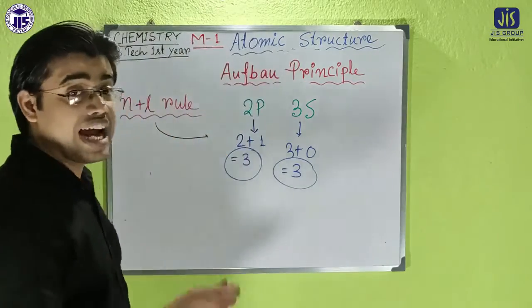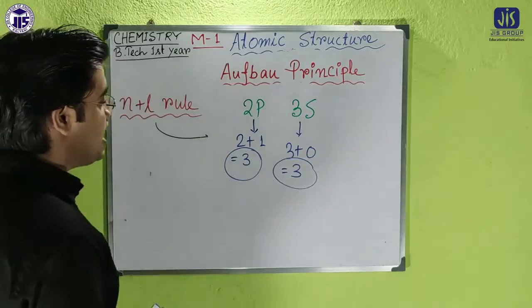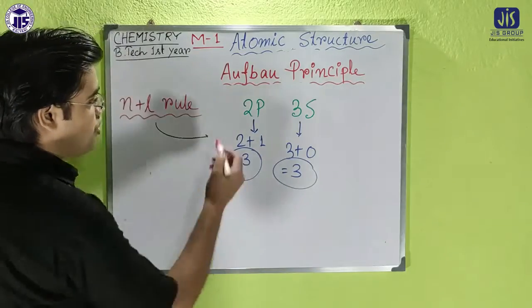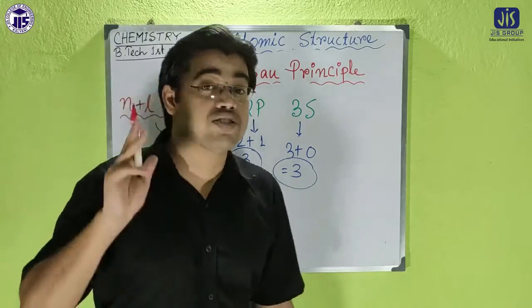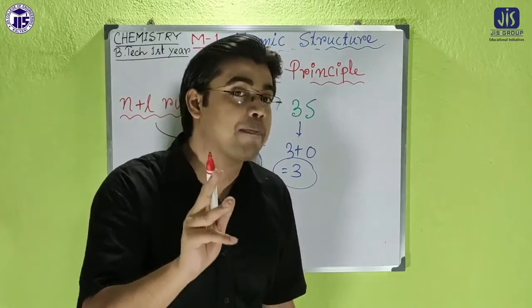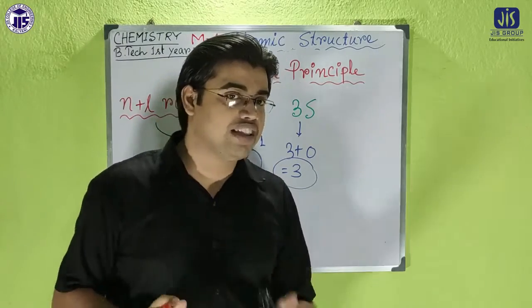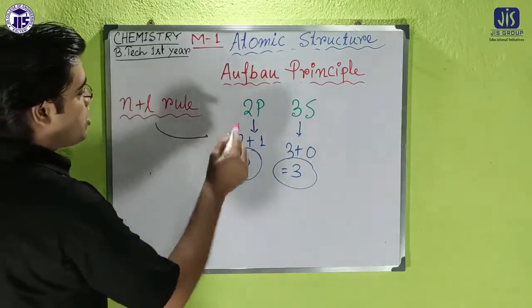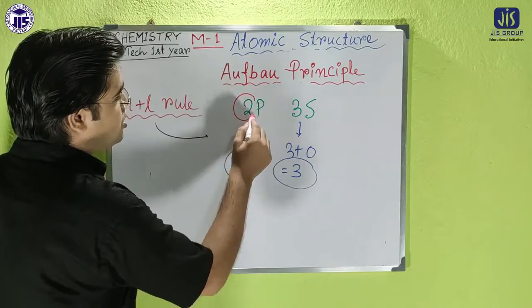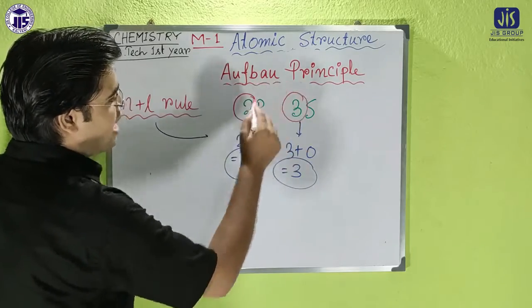Okay, then at that moment you have to concentrate. Keep in mind, when n plus l values are the same, then only we apply the next theory. Otherwise you can't apply the theory. So when n plus l values are the same, we have to concentrate only on n values.